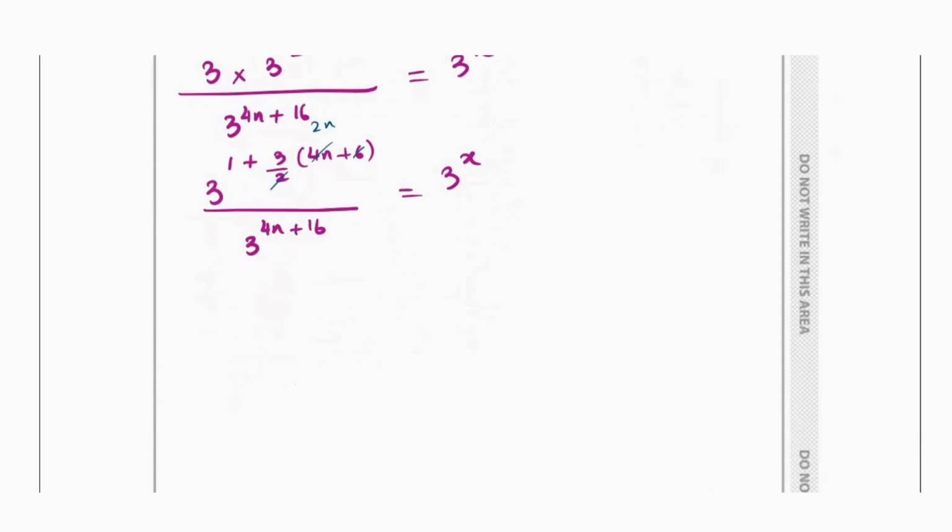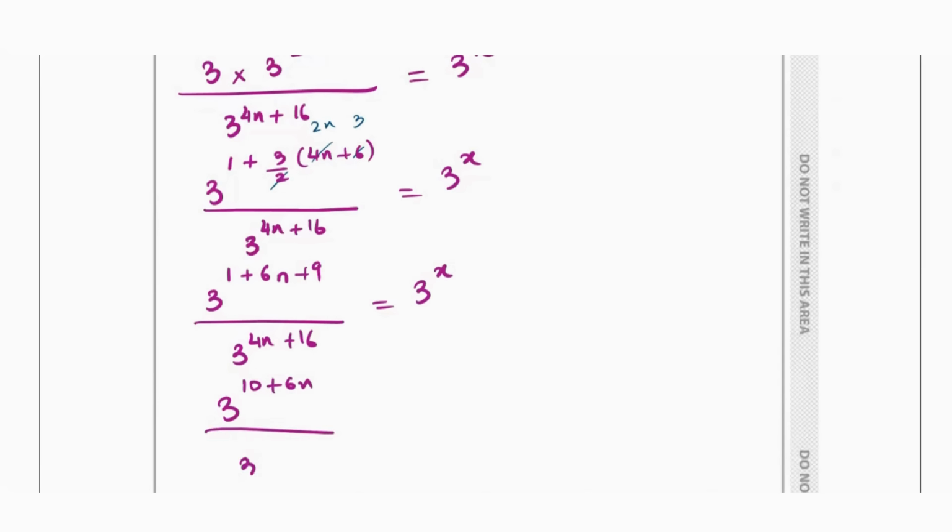And 6 divided by 2 is 3. So that's going to be 3 to the power of 1 plus 6n plus 9. Three to the power of 10 plus 6n over 3 to the power of 4n plus 16.